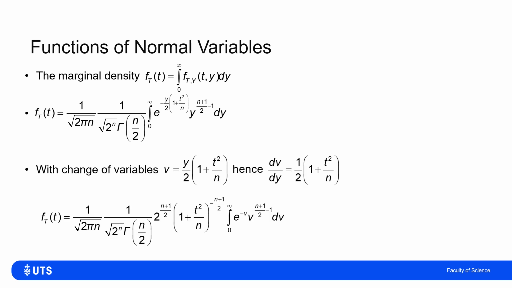Now, this is not easy. I need another change of variable in there. So rather than doing my integral with respect to y, I'm going to do the integral with respect to v, where v is y over 2 times 1 plus t squared over n. Again, don't be too put off by the details of this. But this is getting me towards the marginal density of t.